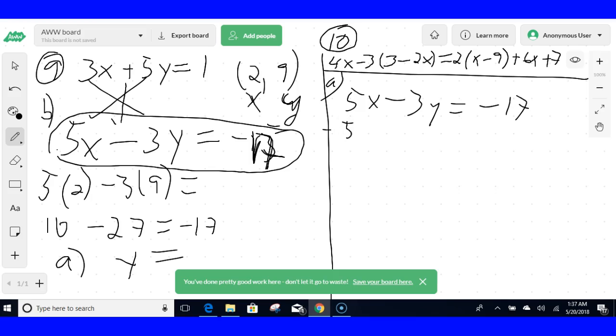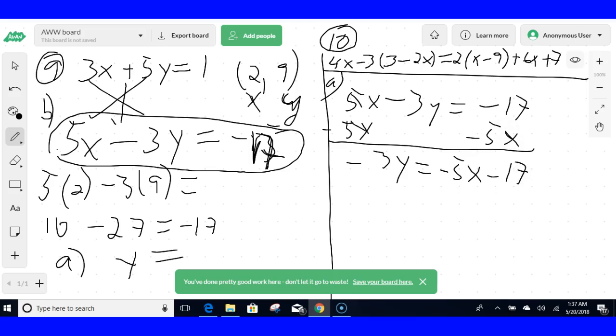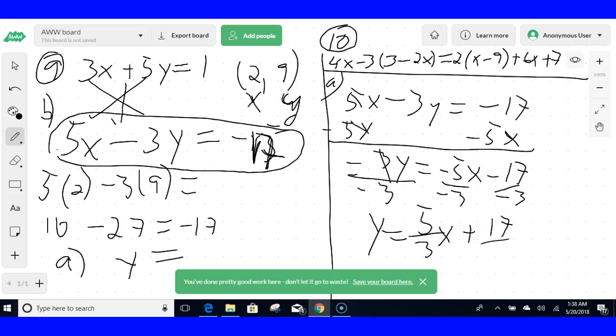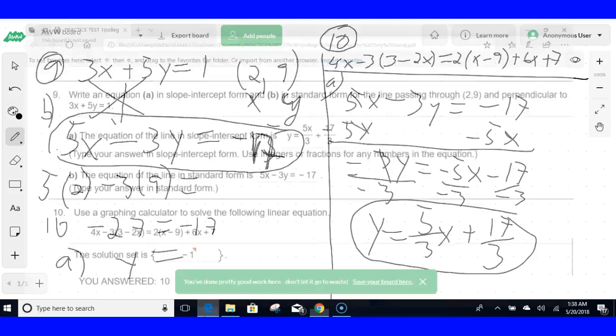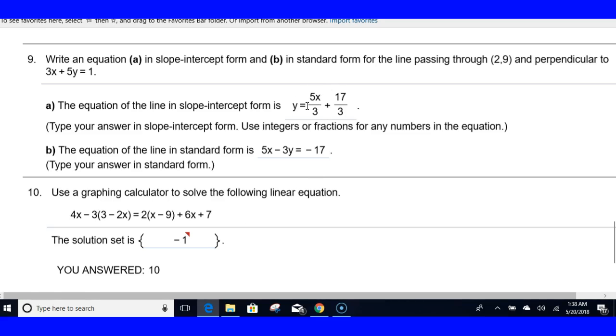If I move 5x to the other side, I end up with negative 3y equals negative 5x minus 17, and divide both sides by negative 3. So you end up with y equal to 5x over 3, the negative becomes positive, plus 17 over 3. And that's how they get the slope intercept form for letter A that you have here.